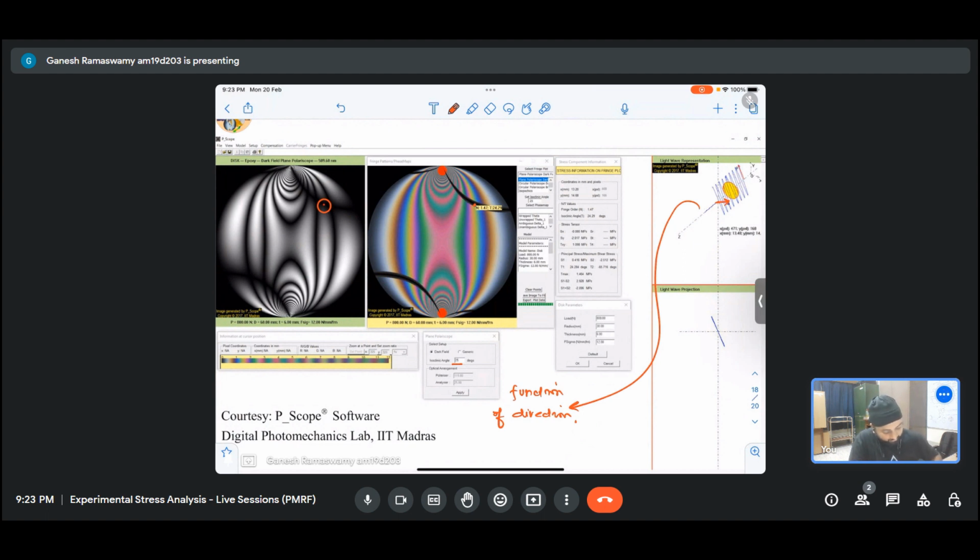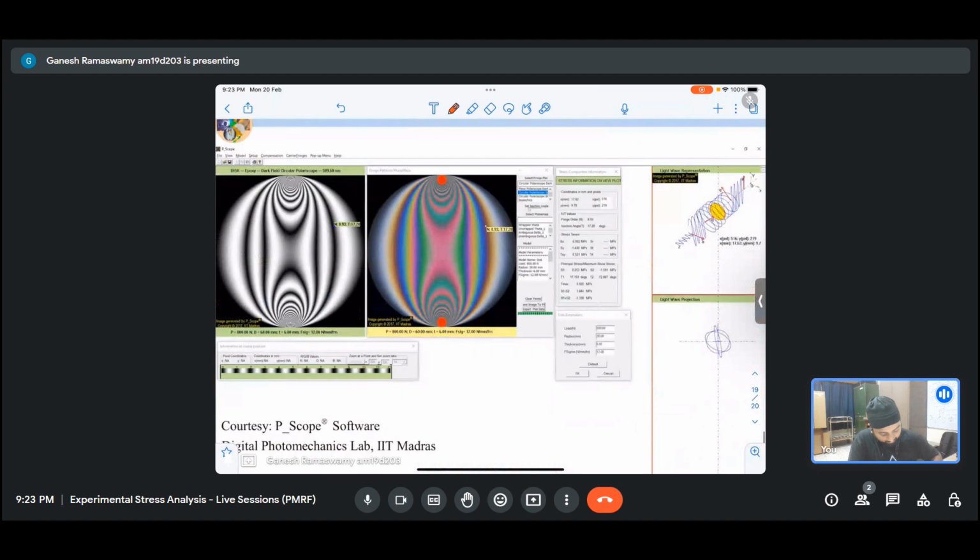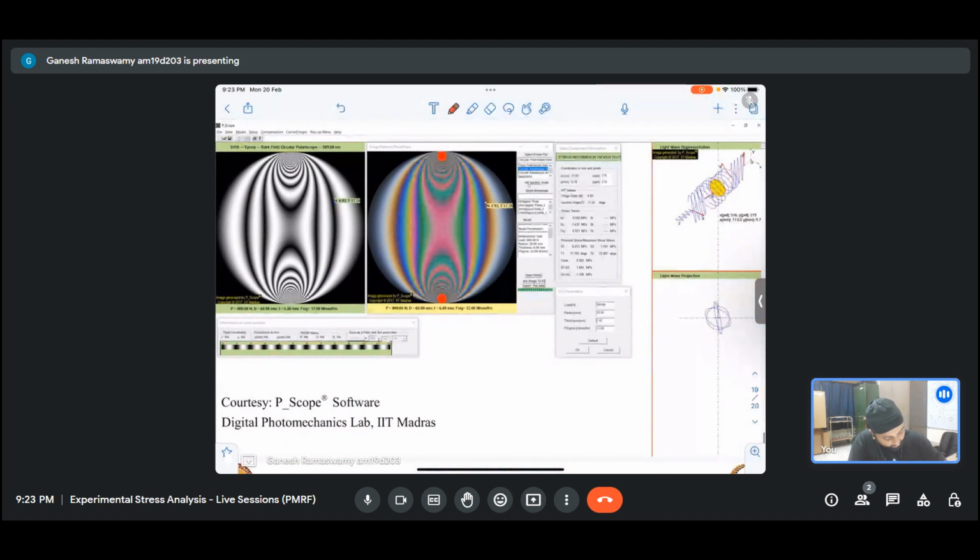Whereas if I were to see some other point where I have a circular polarizer arrangement, on the right side I have a polarizer, a quarter wave plate, another crossed quarter wave plate, and an analyzer. The light that comes from the polarizer is linearly polarized, which becomes circularly polarized because of the presence of the quarter wave plate. The yellow point here indicates the model under consideration, which is essentially the disk that we see on the left side.